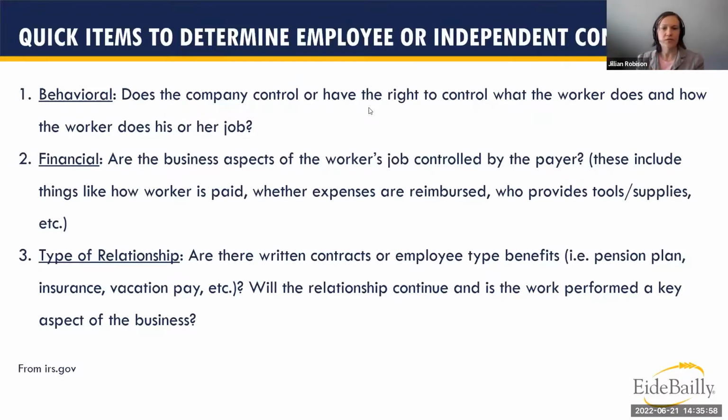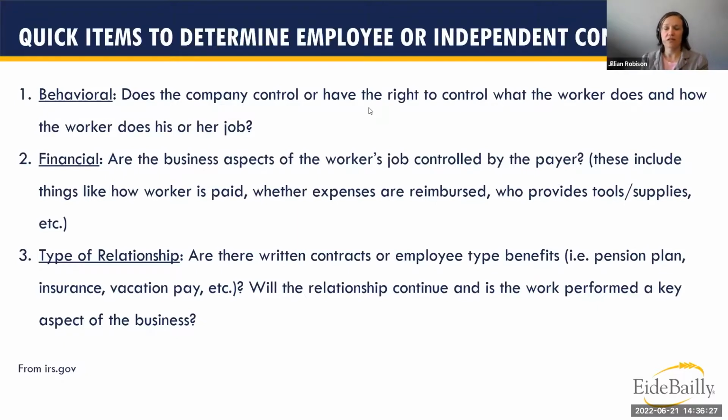And then for type of relationship, are there written contracts or employee benefits that this person is getting? So that person coming in to do my floor is likely not going to be having vacation pay. They're likely doing their work, and when the floor is complete, they're leaving. And then will the relationship continue after the job is done? So if I'm a 9-to-5 employee, I'm likely working there all the time, and my work is likely key to the business.